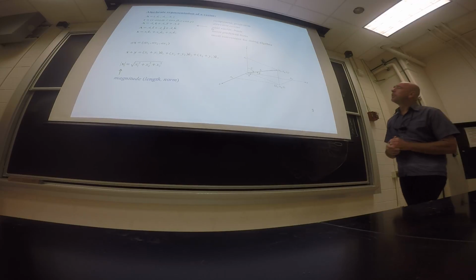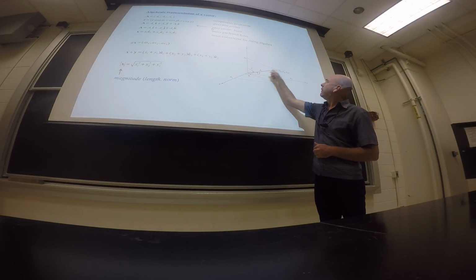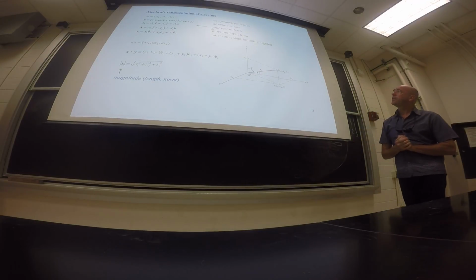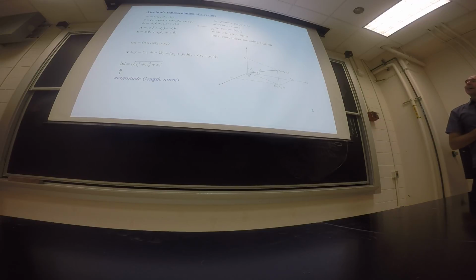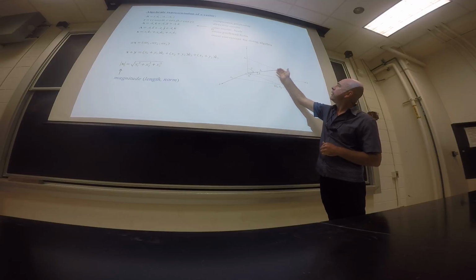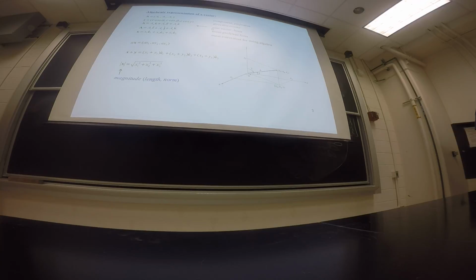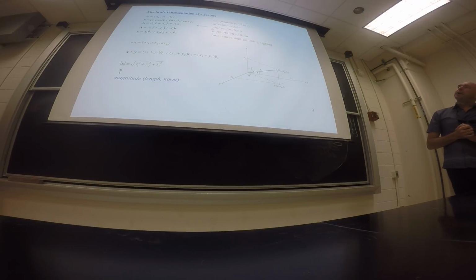So in this case, we're going to call alpha the angle that the vector makes with the x-axis. And if we took A cosine of alpha, we would get the Ax component. Beta is the angle that A makes with the y-axis, and gamma is the angle that A makes with the z-axis. And those are called direction cosines, and the sum of their squares is 1.